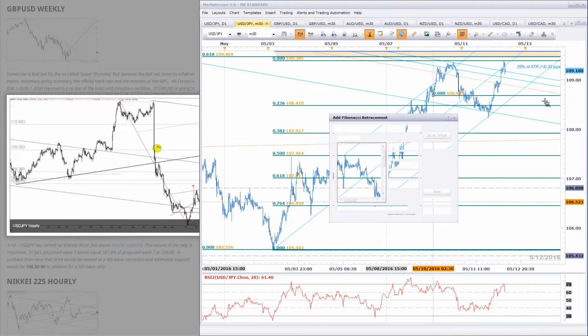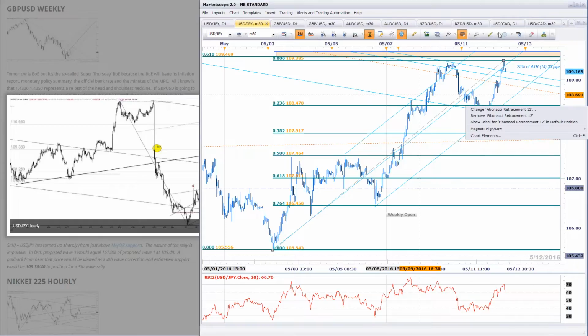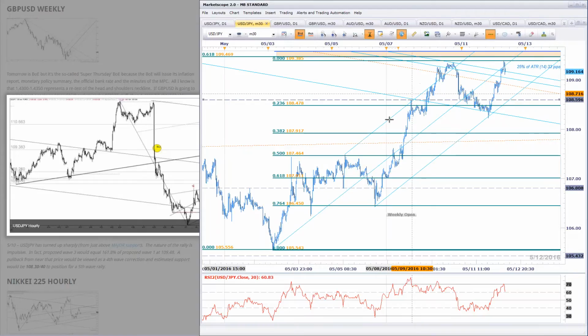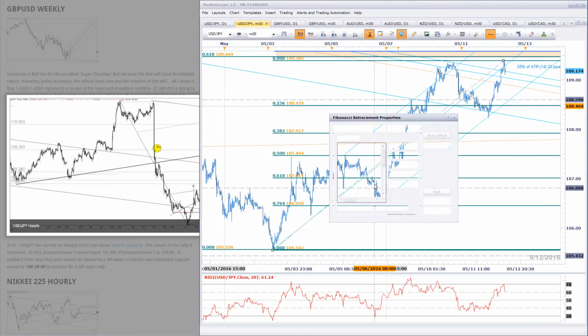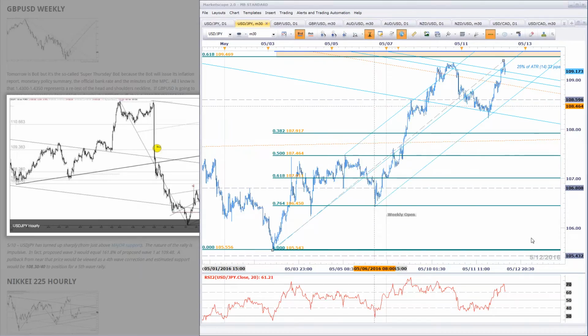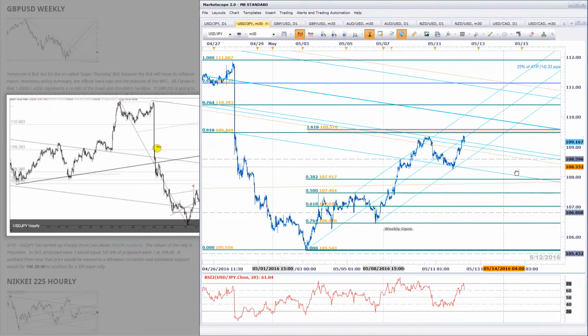I wouldn't be looking for a drop quite that low, but just to keep things in perspective, let's work with that swing high from earlier in the week. That's what I'd be looking at near term.